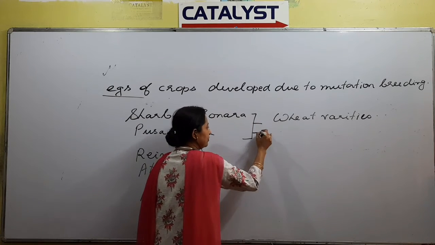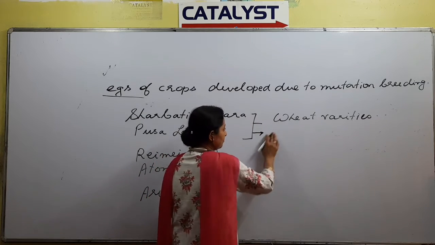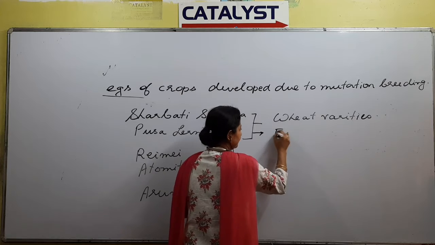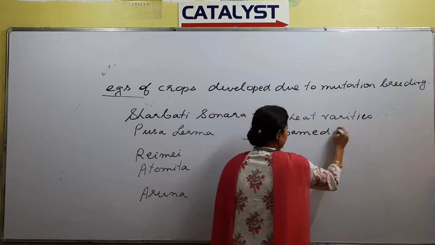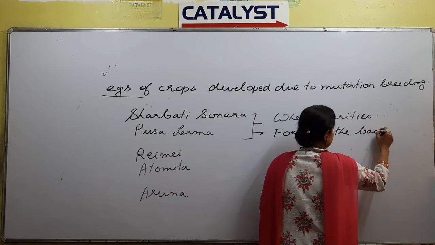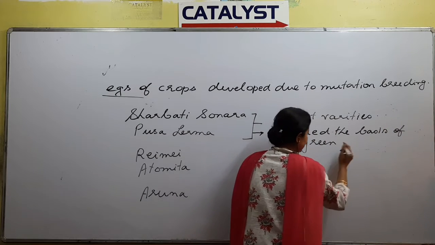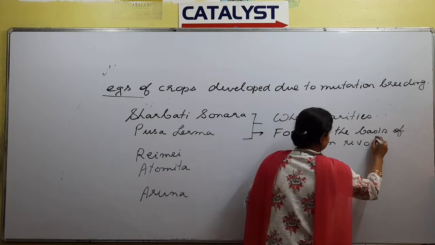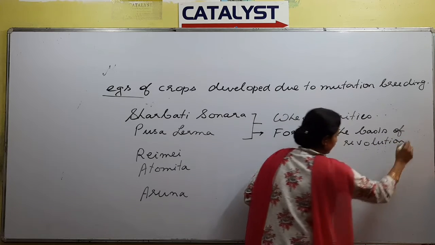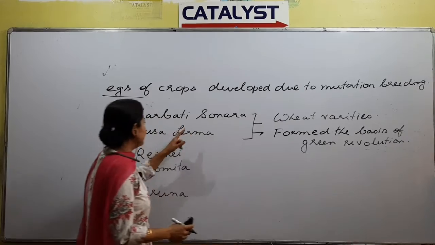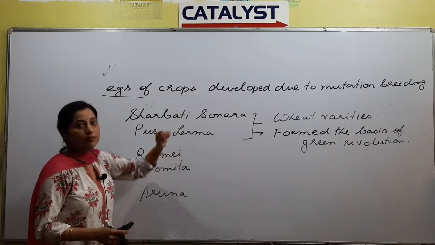Another point you need to remember is they have formed the basis of the green revolution. Green revolution is something that we will discuss, right? So Sharbati Sonara and Pusa Lerma were developed by mutation breeding.